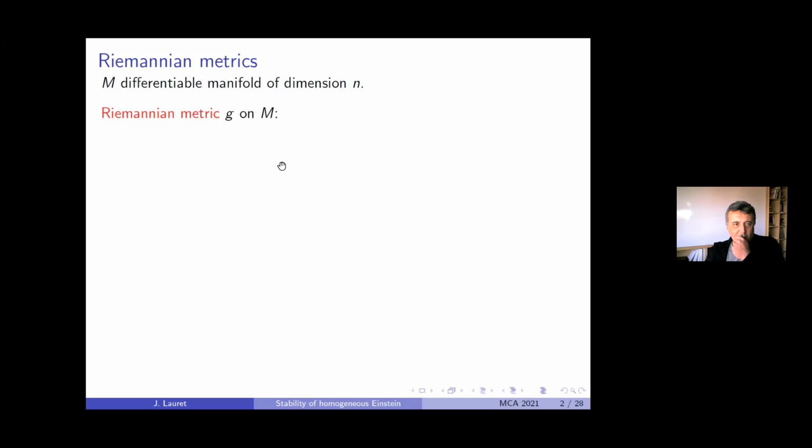So what you really need is called a Riemannian metric. A Riemannian metric is a choice of an inner product on each tangent space in a smooth way, of course.